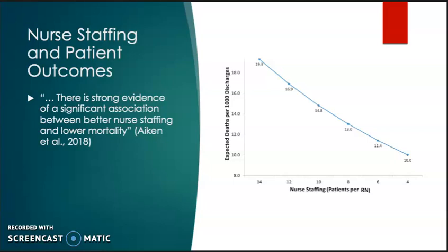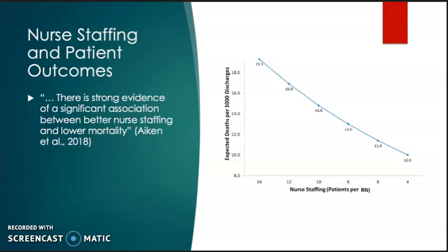Each one patient added to a nurse's workload is associated with a 7% increase in risk-adjusted mortality following general surgery, and poor staffing ratios often result from this financial burden that's implied by having more nurses on staff. There is some discussion in the article about how having more nurses actually decreases the number of additional procedures, laboratory tests, and decreases length of stay, and actually tends to outweigh the costs that are associated with those.